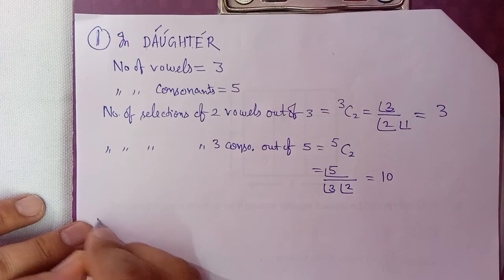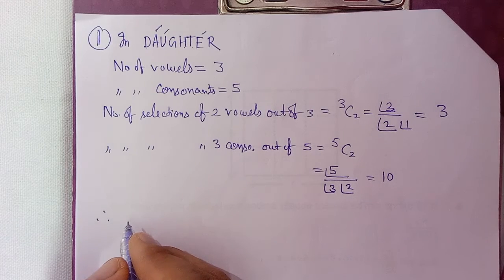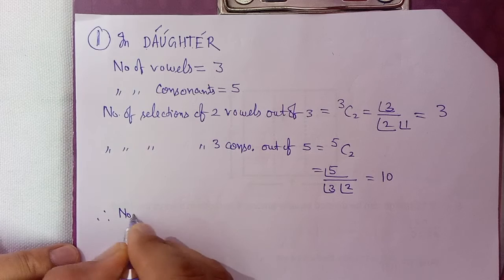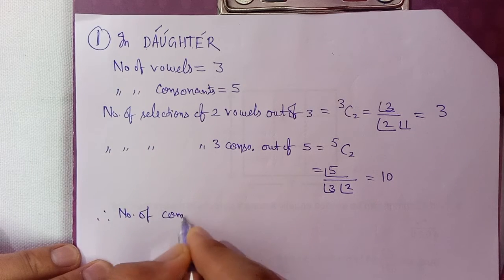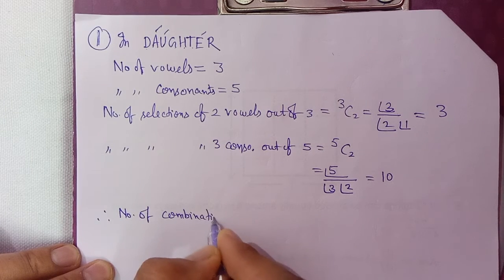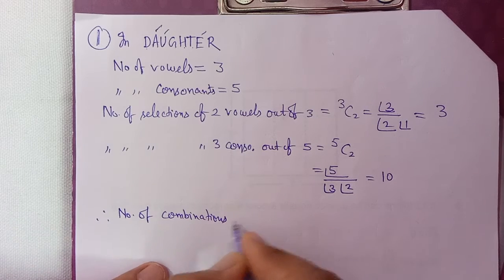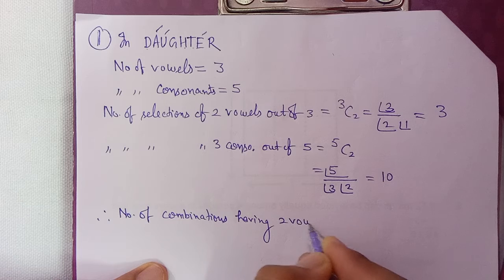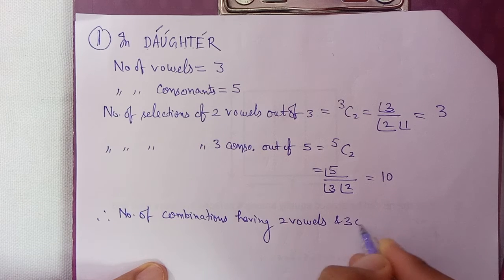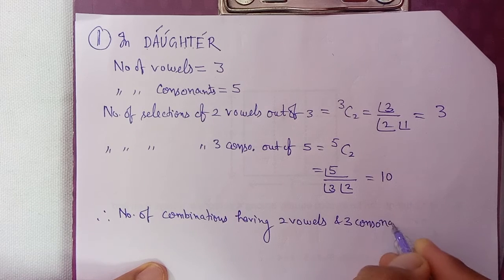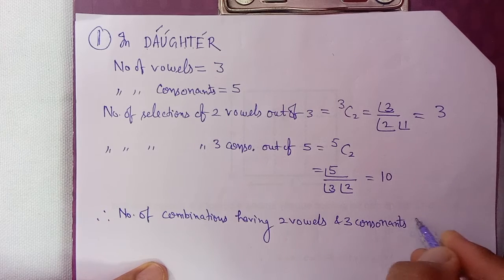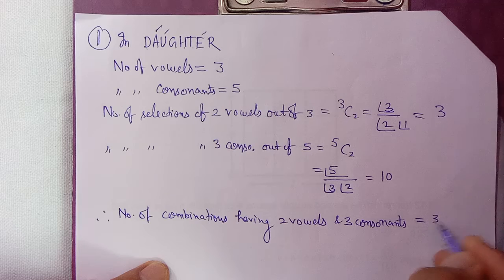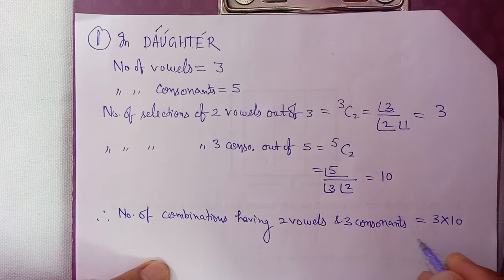So total number of different combinations having exactly 5 letters. So number of combinations having 2 vowels and 3 consonants, using fundamental principle of counting, it will be 3 into 10, 30.